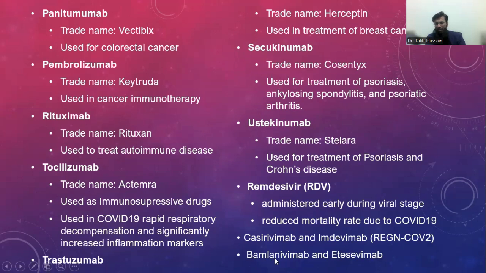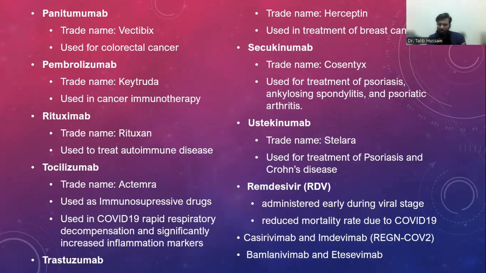Then bamlanivimab and etesevimab are third generation COVID-19 monoclonal antibodies. There is a list of the monoclonal antibodies which have been used in the treatment of COVID-19.